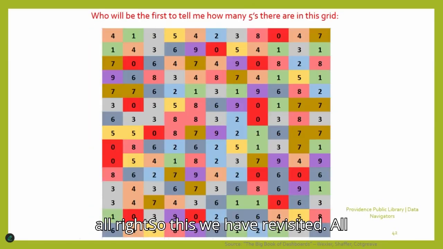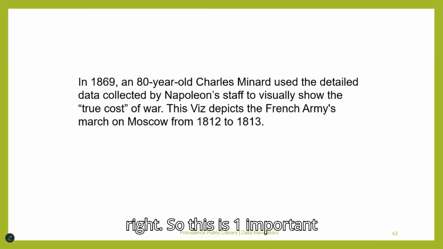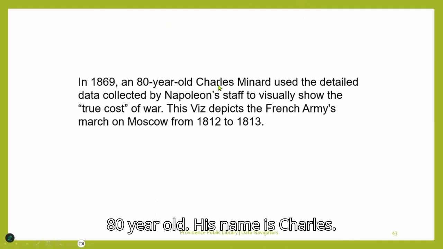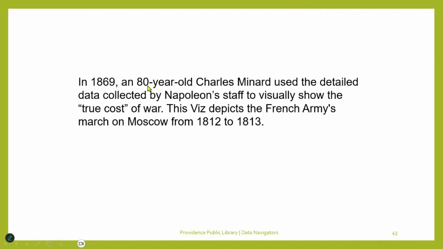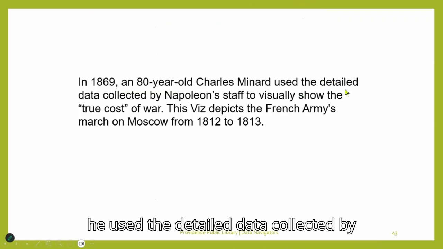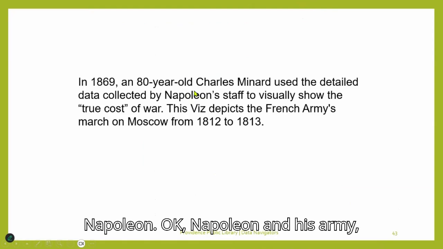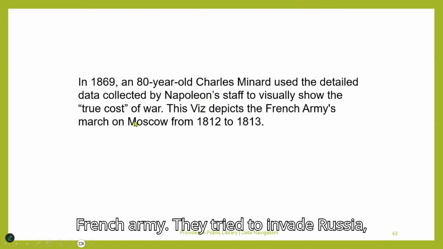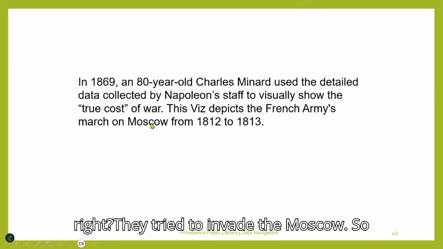All right, so this we have revisited. This is one important historical data visualization. An 80-year-old, his name is Charles. In 1869, he used the detailed data collected by Napoleon and his French army. They tried to invade Russia, to invade Moscow.